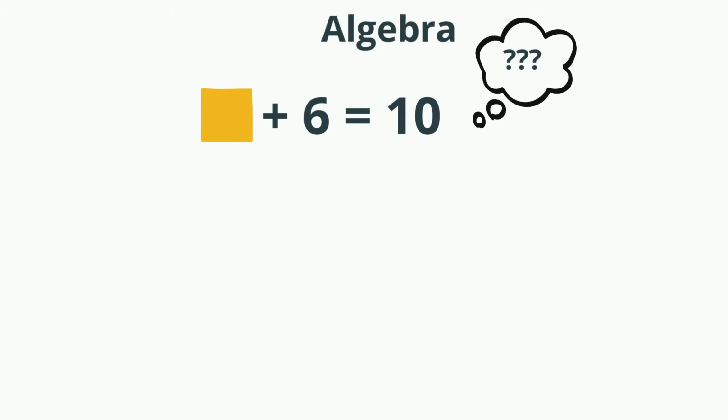Again, this is tricking the brain into familiar patterns, already used to answering questions where there is a missing box and you put your answer into the box. And that's really all algebra is. The letters are just missing values, almost the exact same as that foundation maths that you've already done.